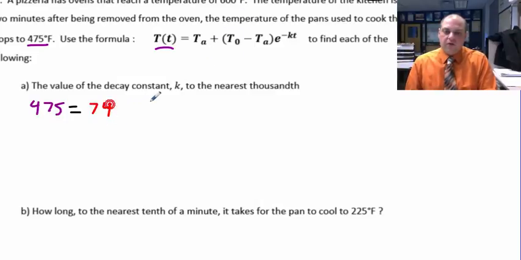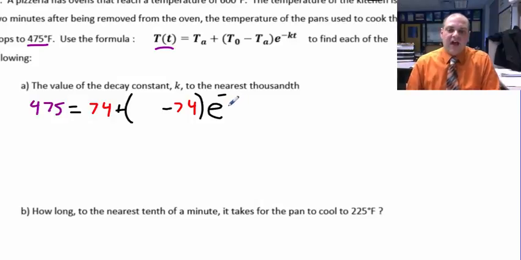So we're going to put 74 there. 74 again. So it's plus parentheses minus parentheses e to the negative blank t. Oh, well, time would be 2 minutes.